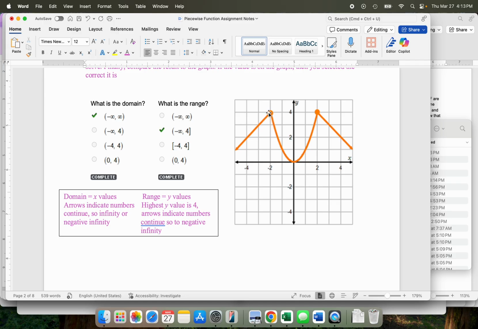And so our minimum, the negative infinity, since it goes all the way out, it would go all the way down the y-axis, and so that would be negative infinity. But then we know that we have hard stops here at 4, and so 4 is our maximum.